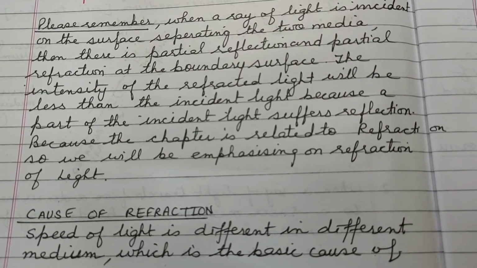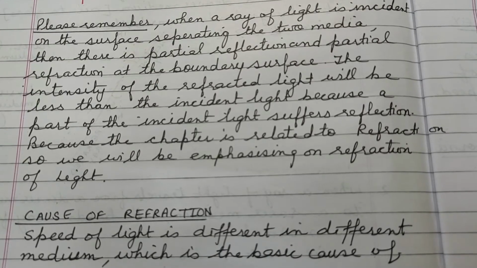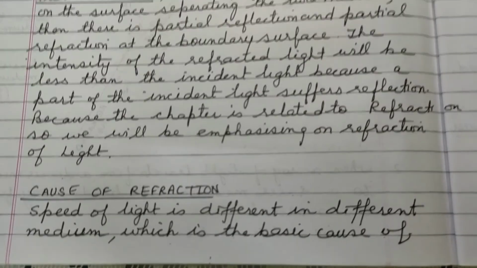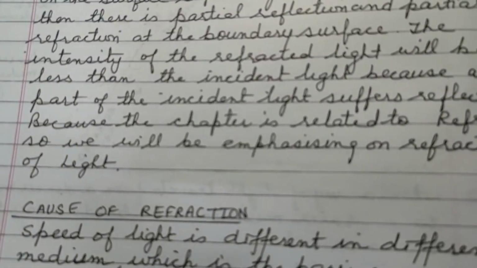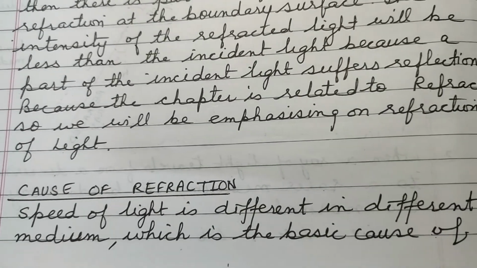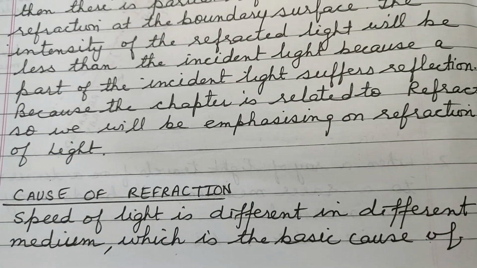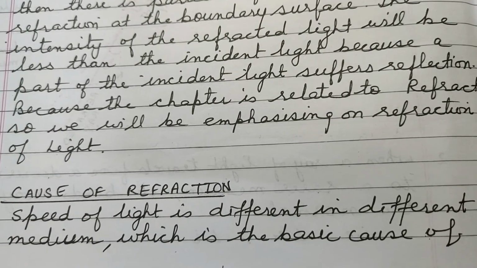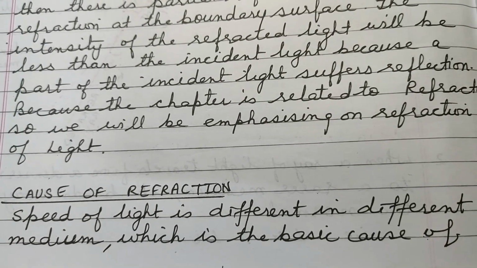We are only emphasizing refraction of light. The question arises, what is the cause of refraction? You have to remember that the speed of light is different in different mediums. And this is the basic cause of refraction of light.